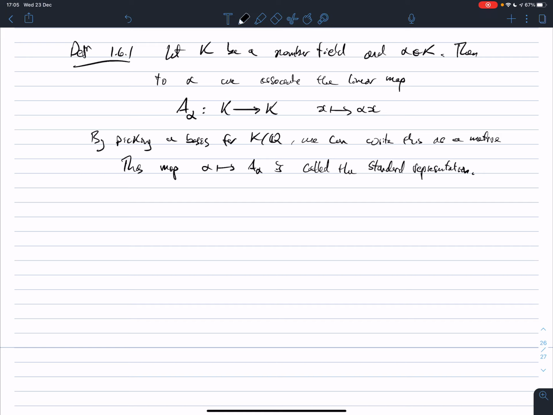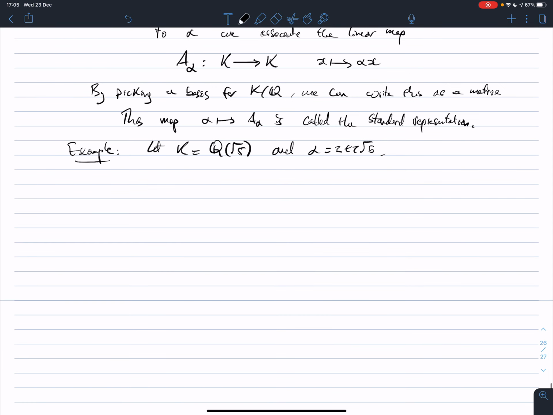So let's do an example. I'm going to let K be Q adjoined root 5, and alpha to be 3 plus 2 root 5. Then what's the basis for K over Q?